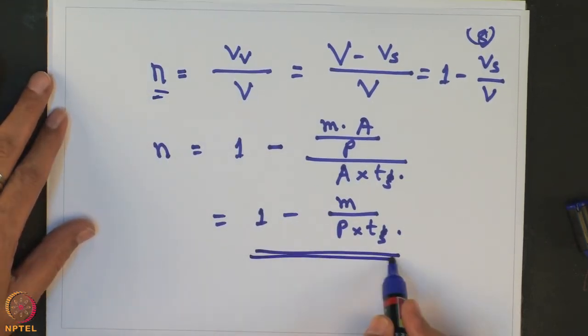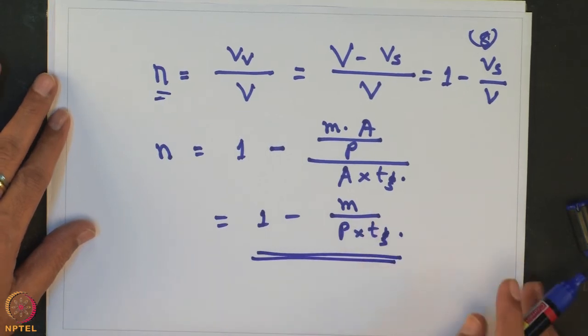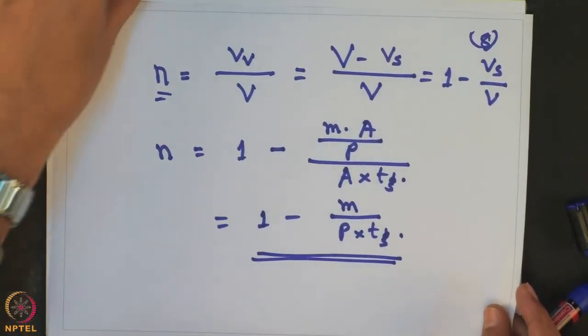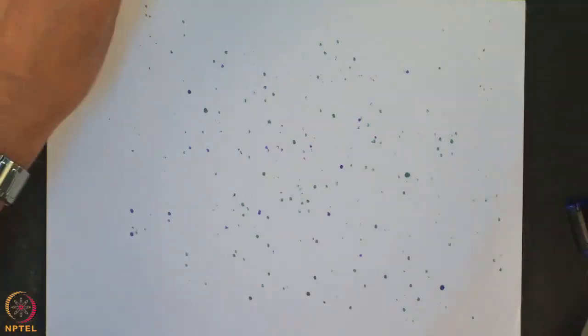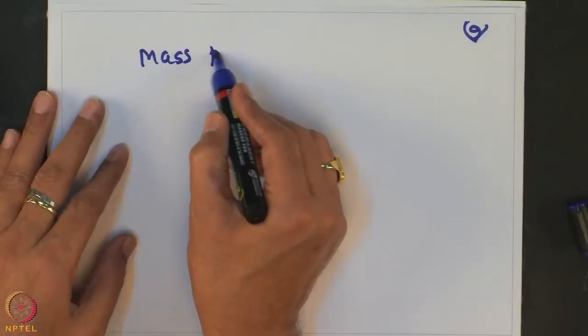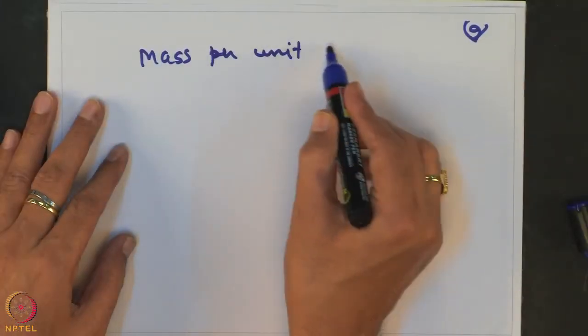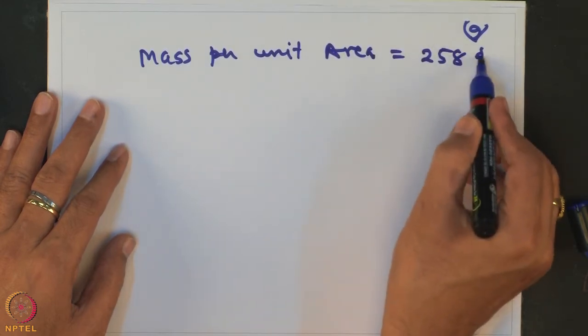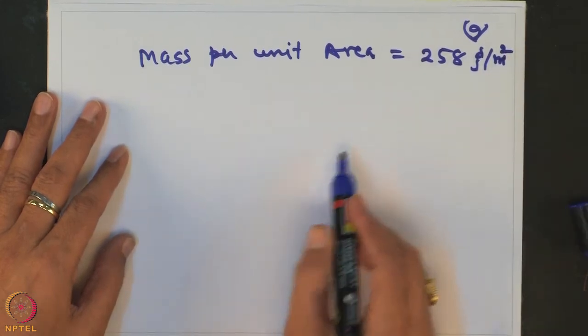So, you have to remember this equation, 1 minus M divided by rho into T of G. I can give one specimen calculation for the determination of the porosity of the material. So, for the specimen calculation, let us say it is a non-woven geosynthetic material and mass per unit area is equal to 258 gram per meter square.